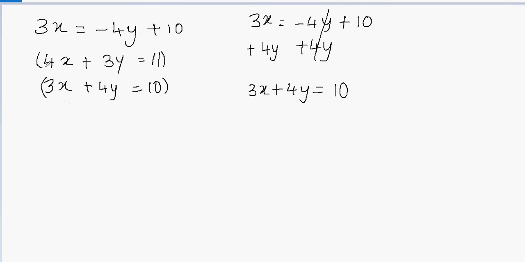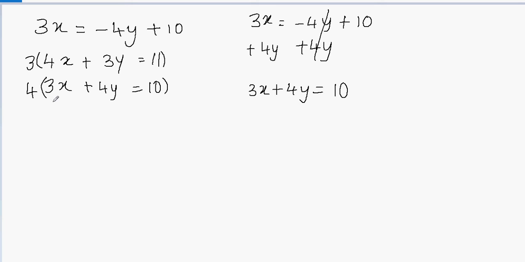So I can multiply the first equation by 3 and the second equation by 4 to make the coefficient of x equal. So here you can see that 3 times 4 will give me 12, and 4 times 3 will also give me 12. So basically I will have the same coefficient for the x variable. Now I have to decide, do I add equations or do I subtract equations?